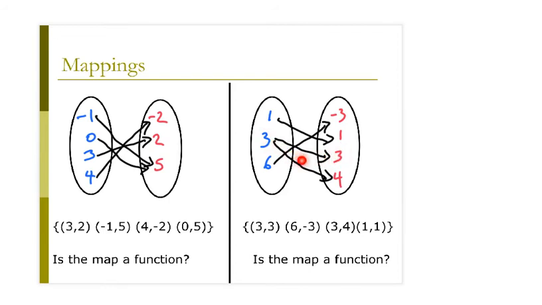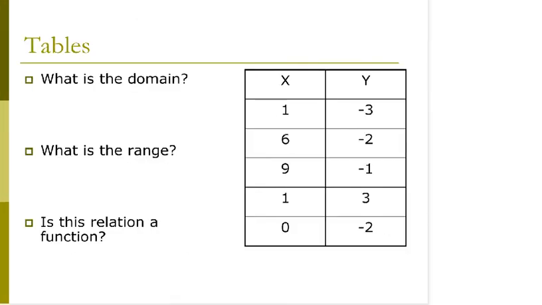Let's do some more practice. Can you determine the domain and the range of the following relation? So remember that a relation may be listed not just as a mapping or an ordered pair or a graph, but it might also be stated as a table, as we have here. What we're looking for is if the x value gets assigned to more than one y value.